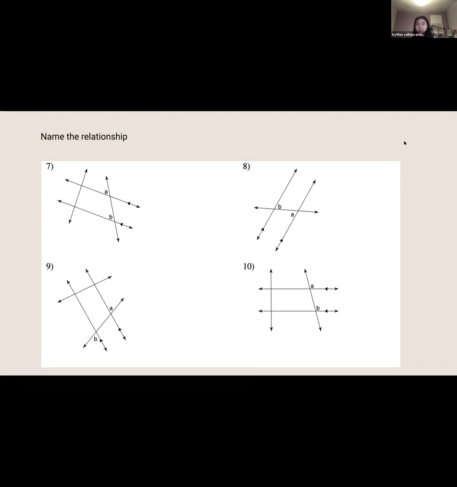Wilson, for number 7. Okay, so the relationship here, right? You see the two lines are parallel, so obviously they would work.